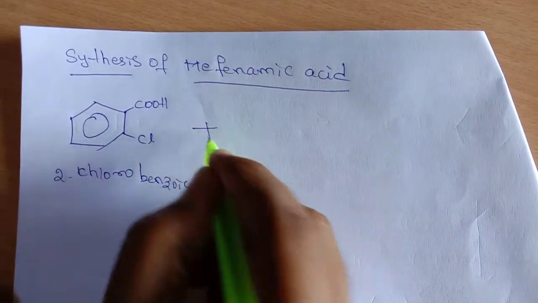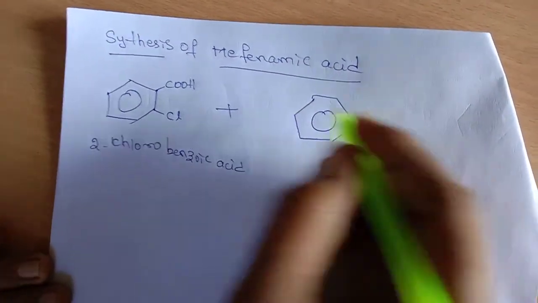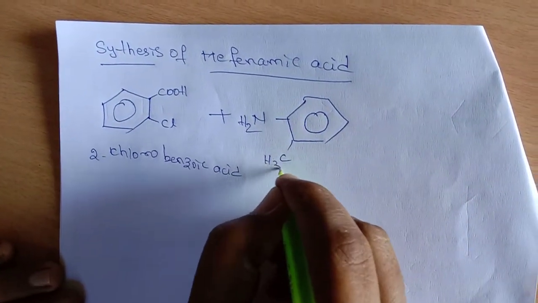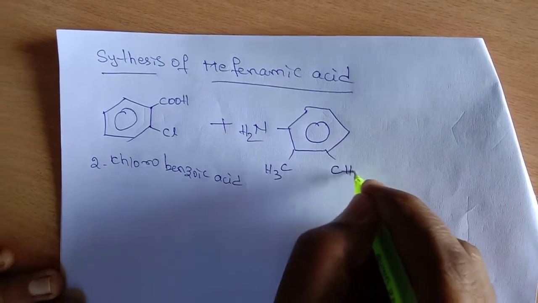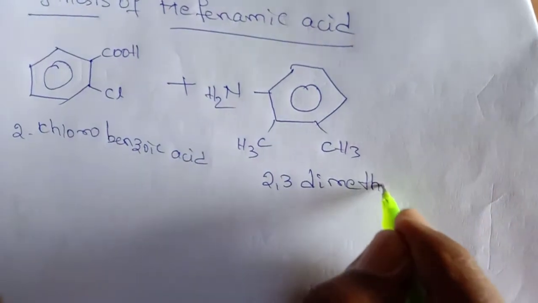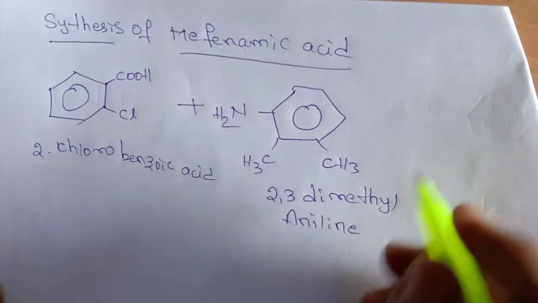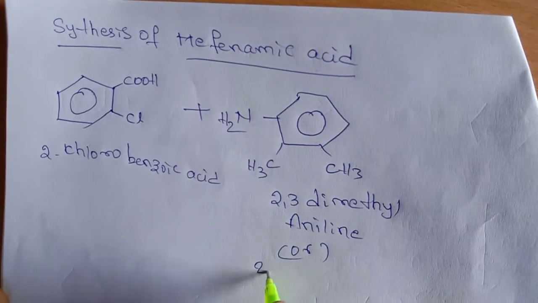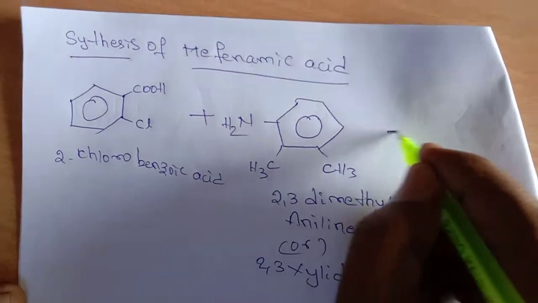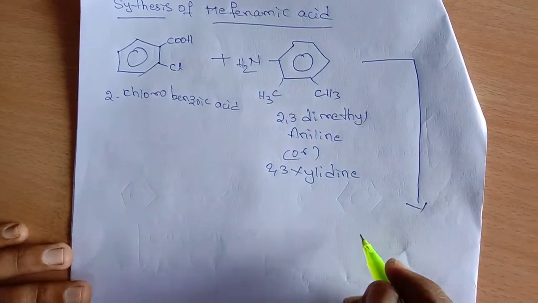This 2-chlorobenzoic acid is treated with 2,3-dimethyl aniline, which is also called 2,3-xylidine.